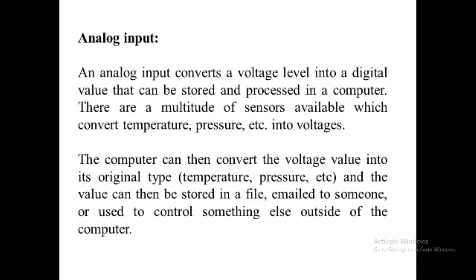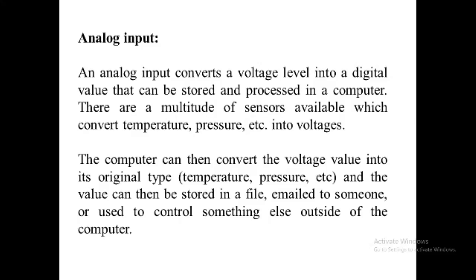Here, an analog input converts a voltage level into a digital value that can be stored and processed in a computer. There are a multitude of sensors available which convert temperature, pressure, etc. into voltage. The computer can then convert the voltage value into the original type and the value can then be stored in a file, emailed to someone or used to control something else outside of the computer.